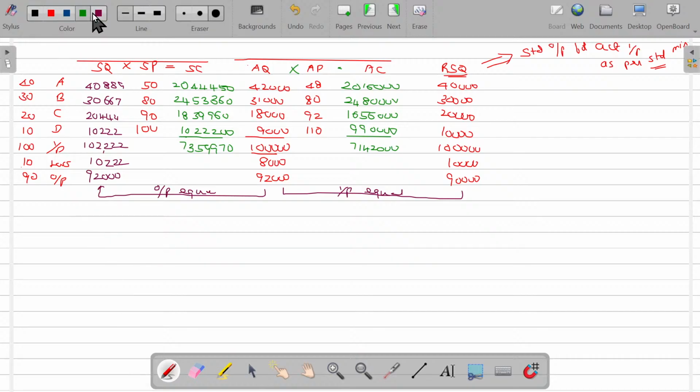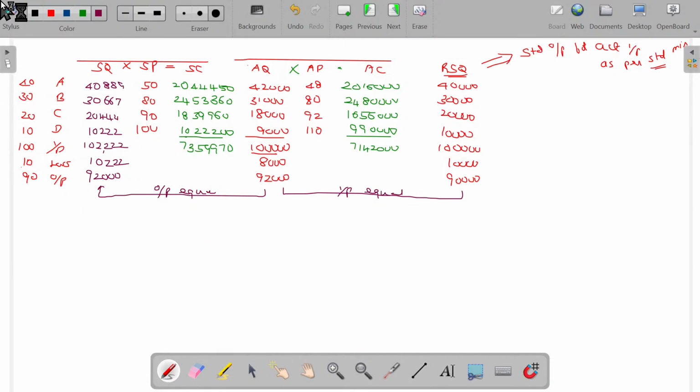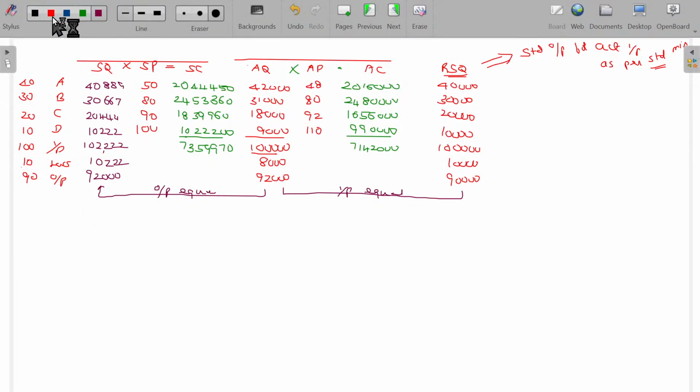Now we can calculate the variances. Material cost variance is equal to standard cost minus actual cost. Standard cost being 73 lakhs, 59,970.